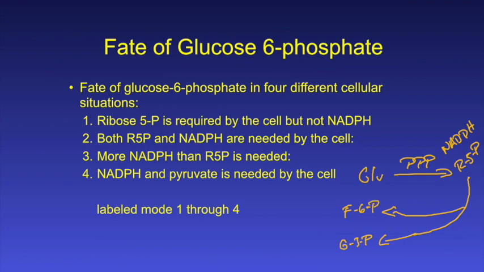And I know that if I used gluconeogenesis, I can go back up, or I could use glycolysis and go down to make ATP, by using the citric acid cycle. And so there's a lot of things that could happen here.